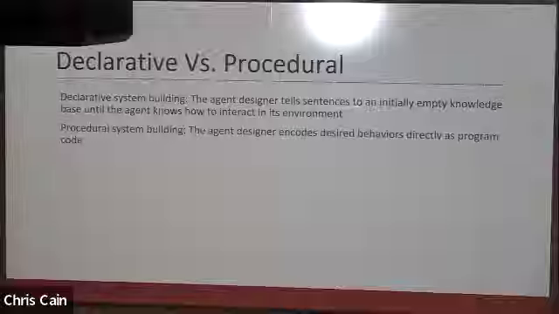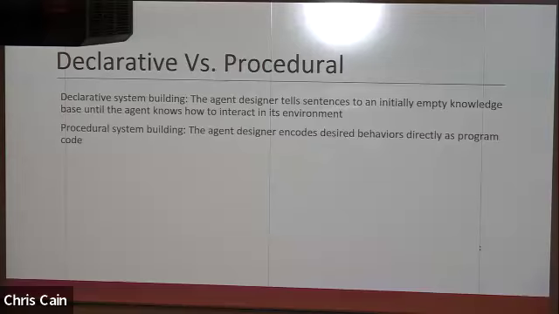This is the outcome we are looking for. They kind of are at odds with each other, as you can imagine, but they can work in tandem quite well. So if you're going to implement an agent, it's worth thinking about which systems I should construct declaratively and which systems I should construct procedurally, and it turns out that we see this in programming languages as well.